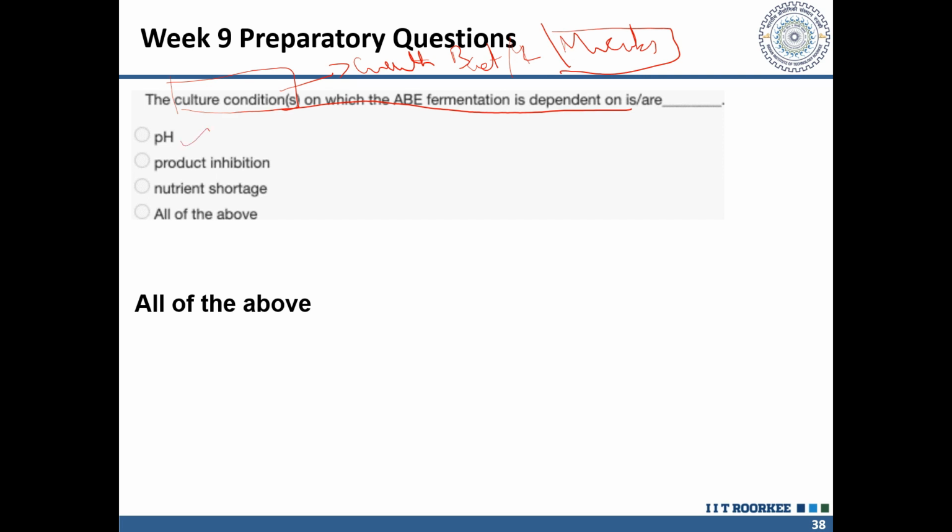If we increase or decrease the pH, the microbe cultivation can be inhibited, and these microbes also require some type of nutrition. If there is a shortage of nutrition, these microbes might not grow properly, and also product inhibition is important. Therefore the answer is all of the above. All the conditions are necessary to culture the microbes used for ABE fermentation.